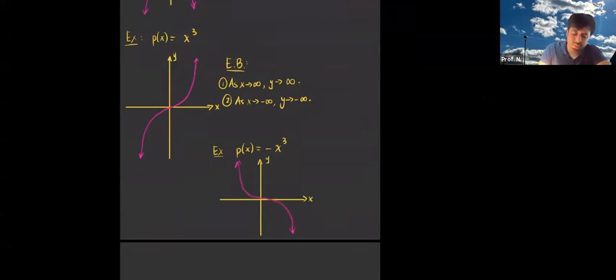Well, it's just flipped across the x-axis. And then my end behavior: as x goes to infinity, y goes to negative infinity. And as x goes to negative infinity, to the left, as your x values move to the left, your y values move to positive infinity.